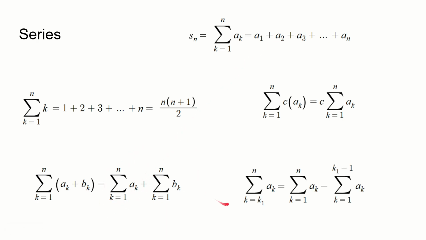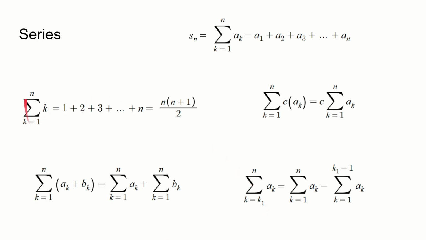And finally, if we have a k that's not equal to 1, so let's say we had a k of 5, but we wanted to use something like this formula, which only works from k equals 1, we could split it up into starting from k equals 1 to n, and then subtract from k equals 1 to 1 minus whatever this value is.